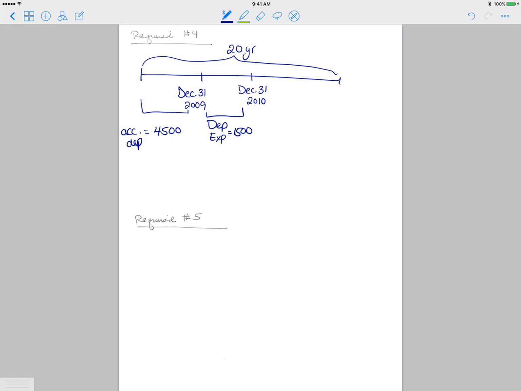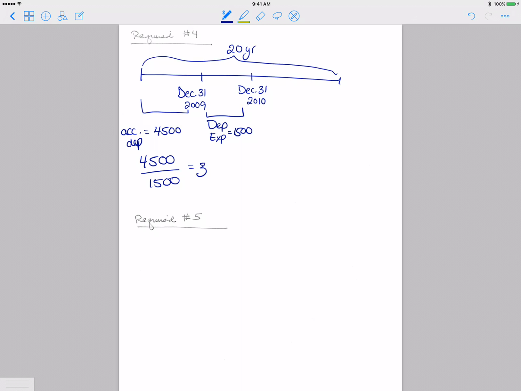It was 4,500. How do we figure out how many years this is? Well, let's see. If we have 4,500 divided by 1,500, we end up with 3, which means that 1,500 multiplied by 3 will give us 4,500.